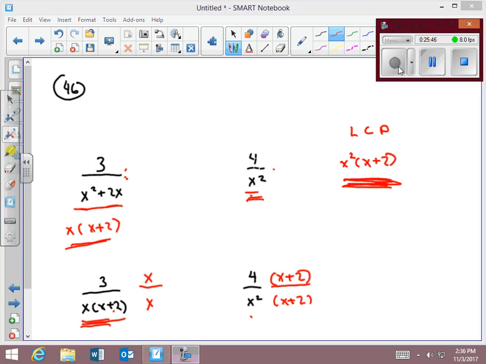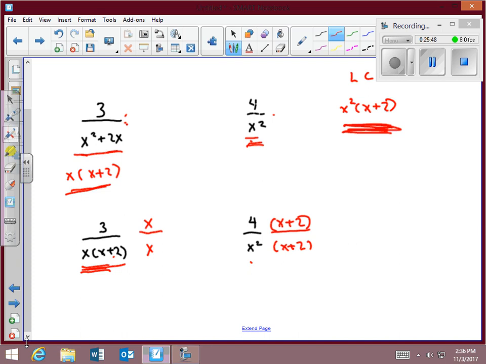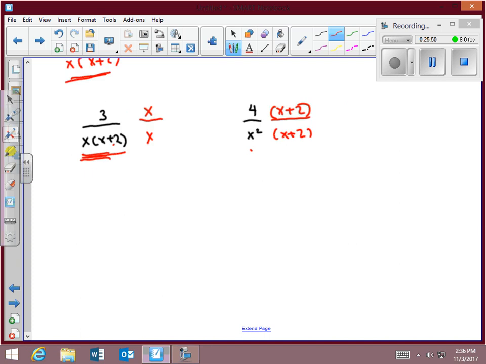What you would do with this is you would write this as 3x over x squared times x plus 2. And then you'd write this as 4 times x plus 2 over x squared times x plus 2.